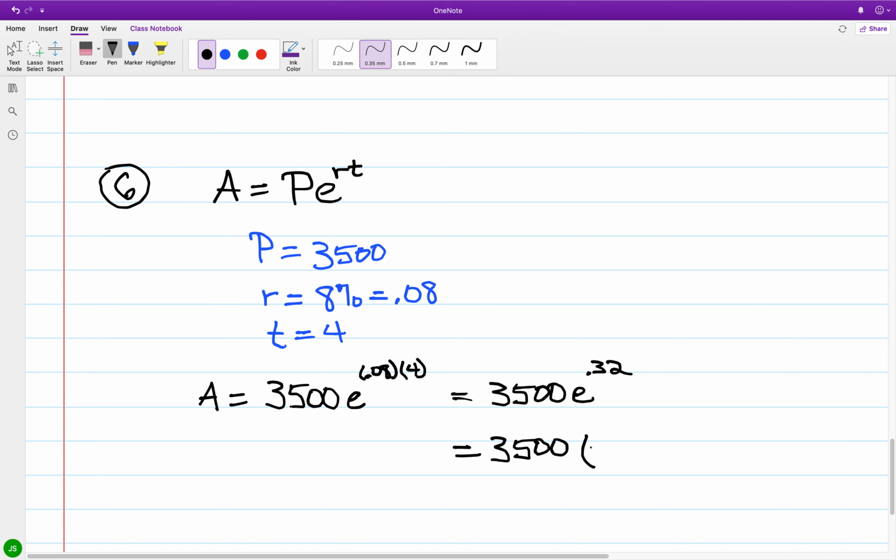So E to the 0.32 degree is right at 1.377, and keeping all the decimals and multiplying by 3,500, we are looking at $4,819.95.